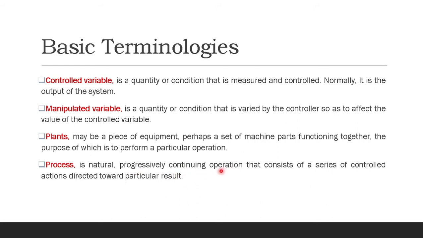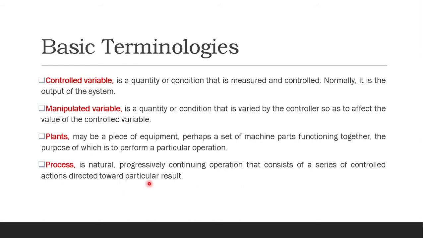The word progressively is very important. The operation consists of a series of controlled actions. First we have to mold the bottle form, then we have to mold the cap, and also make some space where the cap can be put aside. That is why we can say that a process is a progressively continuing operation directed towards a particular result.